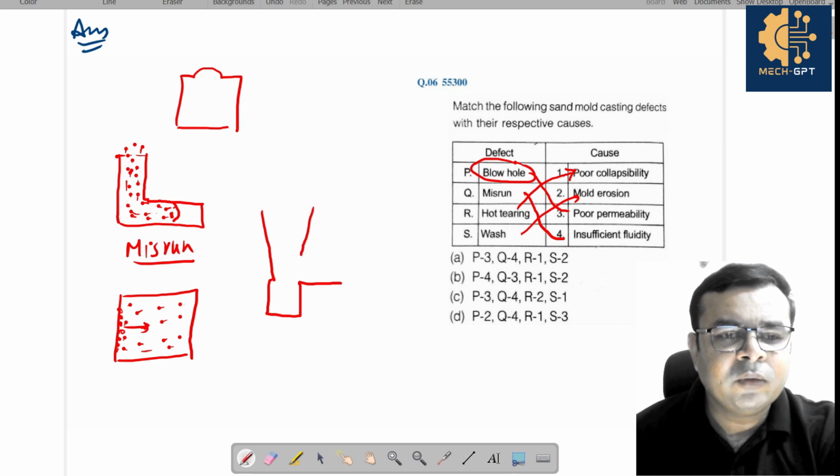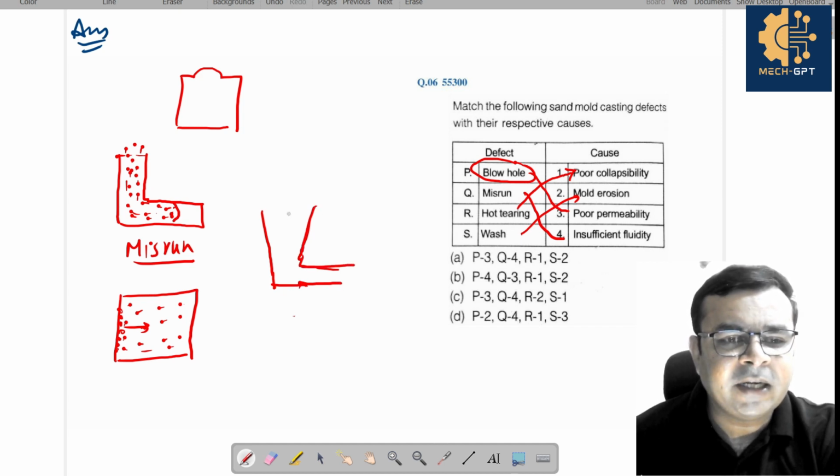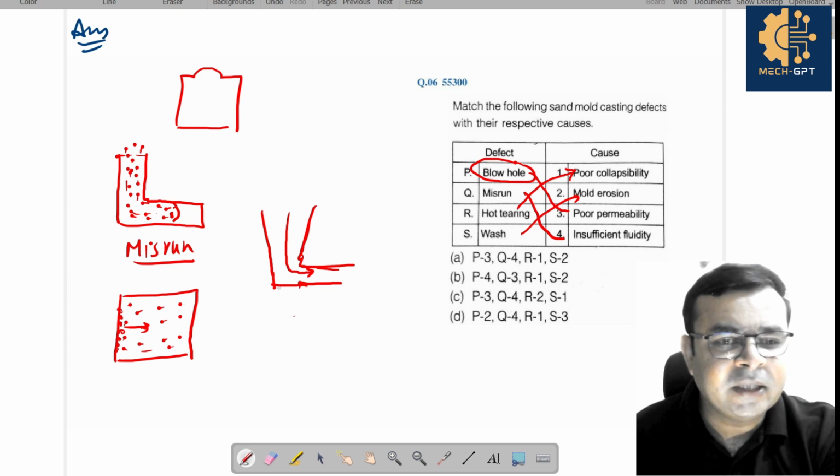So if you are not providing a sprue well at the bottom, let's say I remove this sprue well at the bottom, then obviously when the sprue well is not here, the molten metal very rapidly enters into the mold cavity. Yes or no? So sometimes due to higher turbulence or higher velocity, this corner sand may wash out.